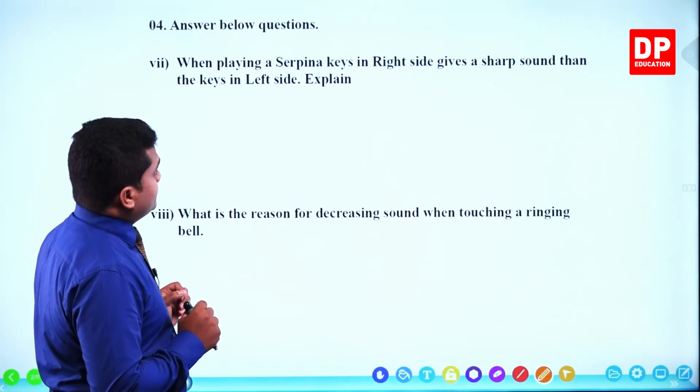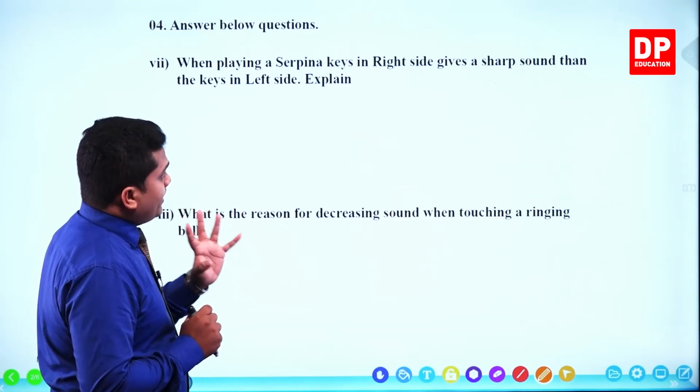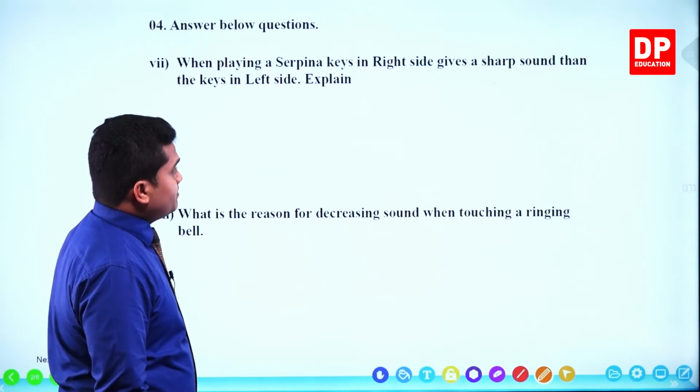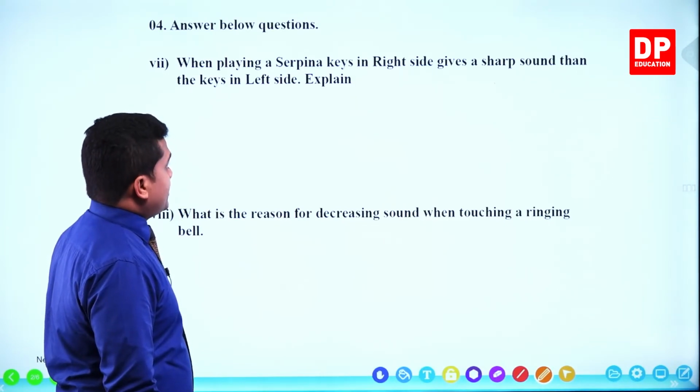So, when playing serpina keys on the right side, it gives a sharper sound than the keys on the left side.